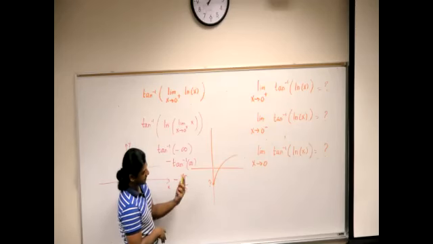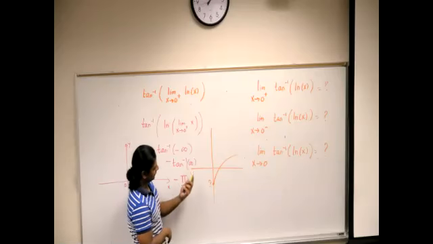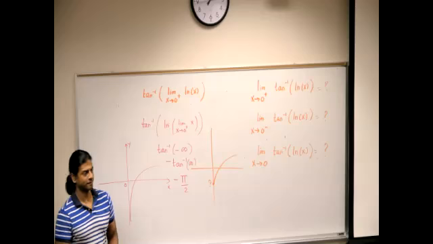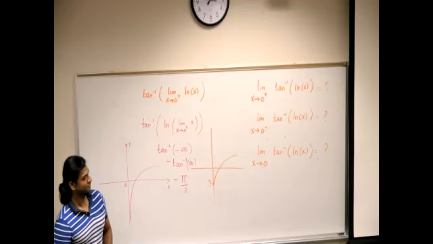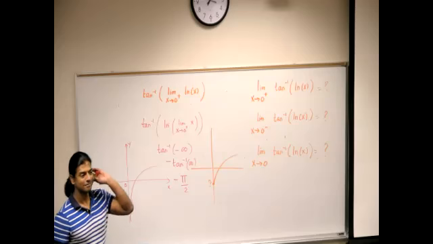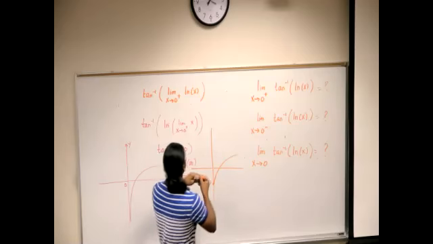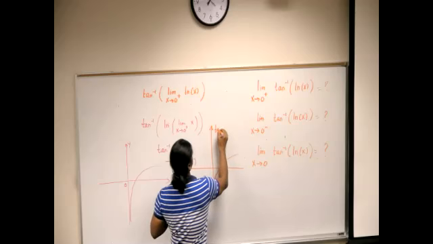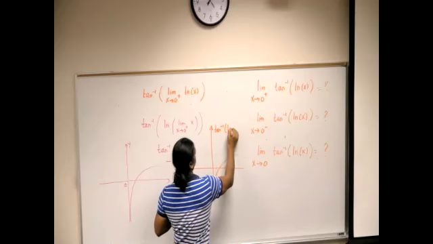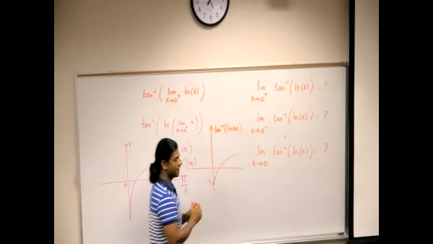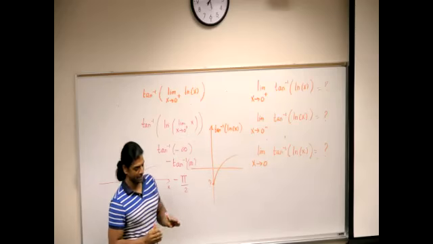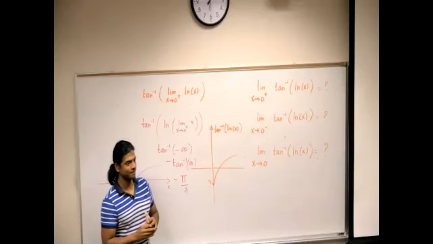When I approach 0 from the left, what is the limit? This is our function, tangent inverse of ln of x. When I approach 0 from the left, where is the function going?